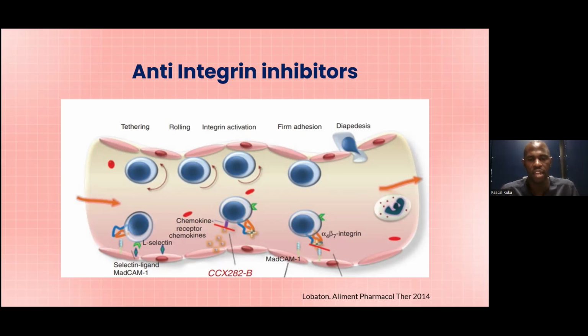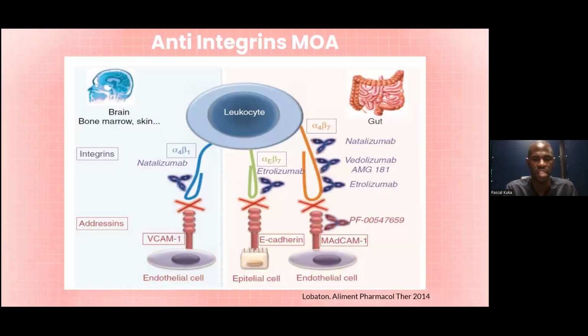And using the ligands, they're able to attach onto different adhesins on the vascular mucosa prior to undergoing diapedesis and going into the intestinal space. So one of the integrins that is expressed is the alpha 4 beta 7 integrin, which is gut specific as opposed to some other integrins, including alpha 4 beta 1 integrin. So it follows that inhibition of the integrin will inhibit the outflow of lymphocytes or leukocytes into the intestinal space.